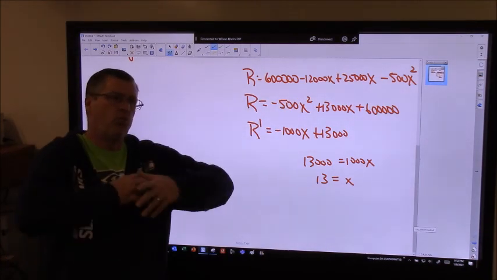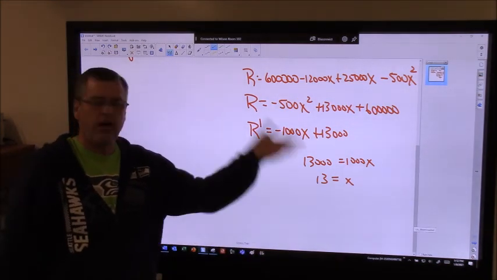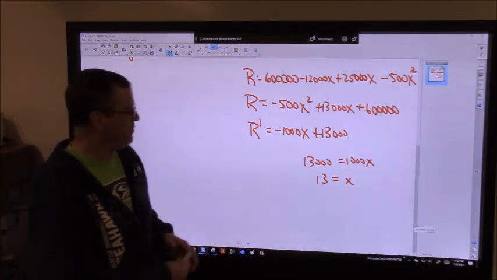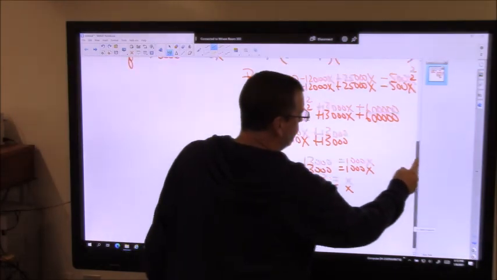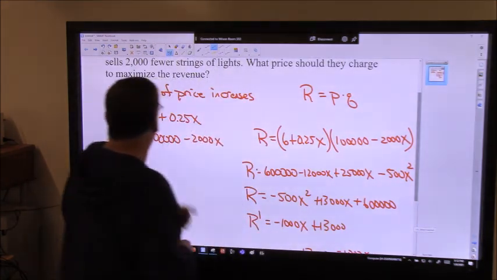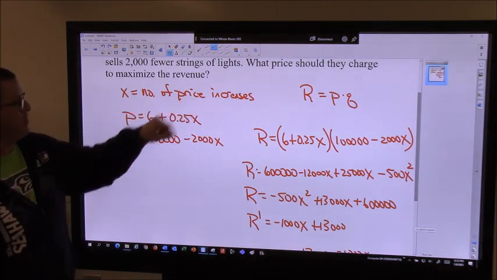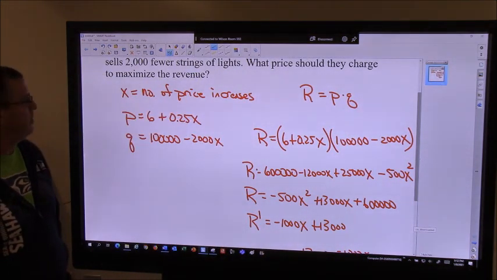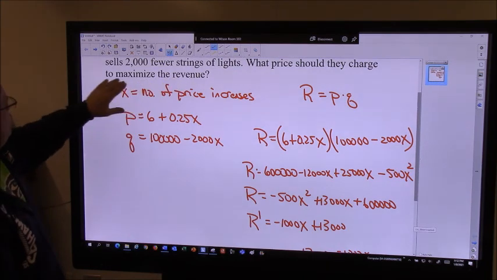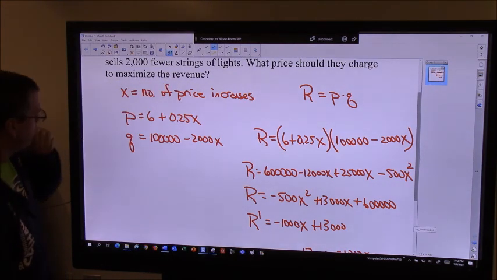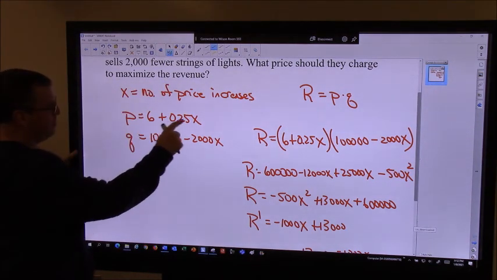Remember, we don't want to just work through a problem and get to the end and go, okay, there it is. I want to make sure everything makes sense. But what was x? Well, x was the number of price increases, right? If this question is saying what price should you charge to maximize the revenue, well, I need to plug that 13 in right here.